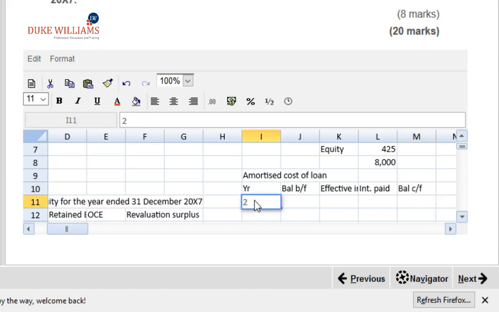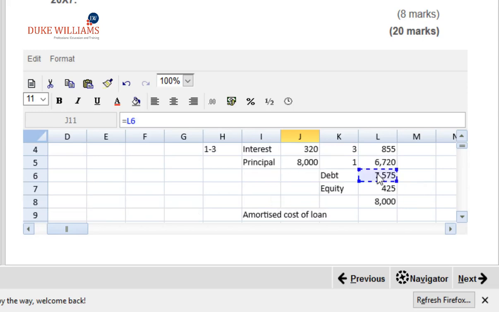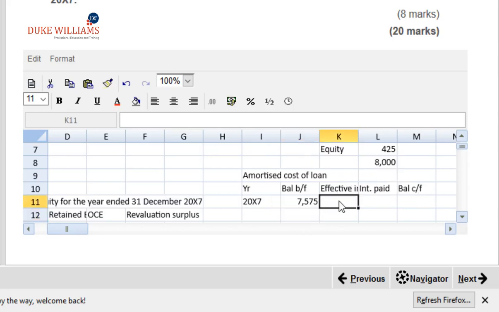So we need that for the current year end X7, and the opening balance should be equal to our loan balance, and the effective interest on it would be 6% of the opening balance. So times 0.06. Remember to keep it simple.